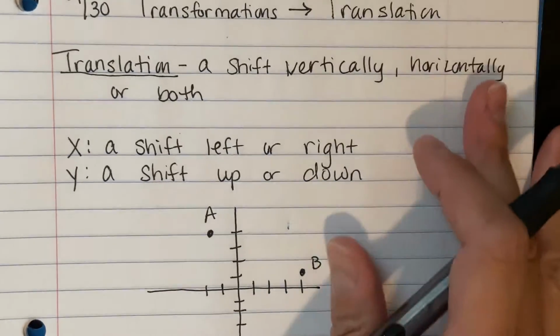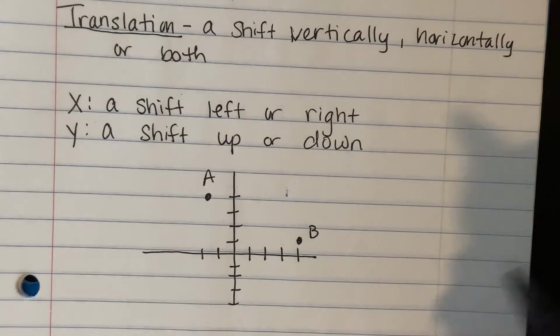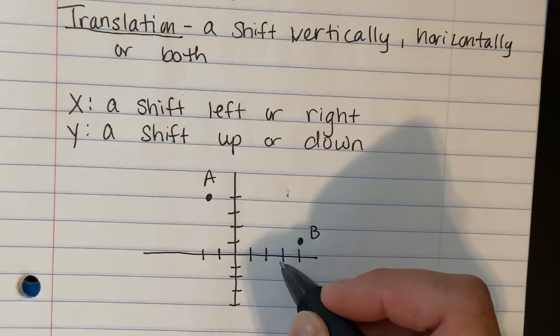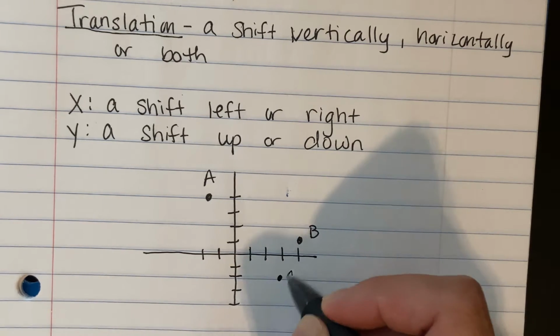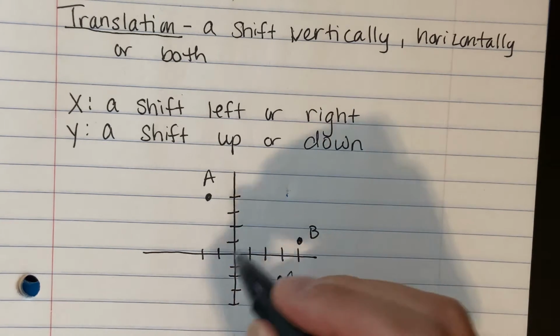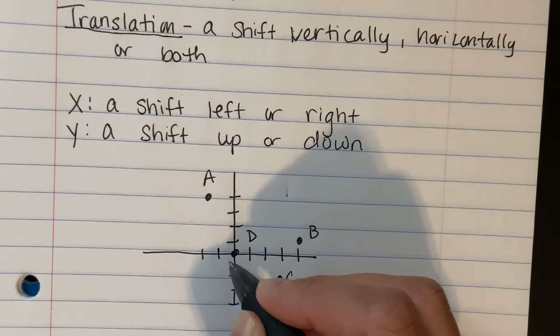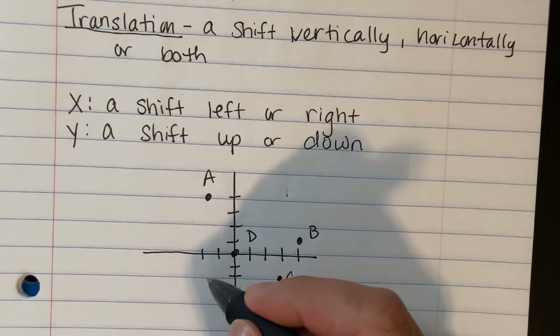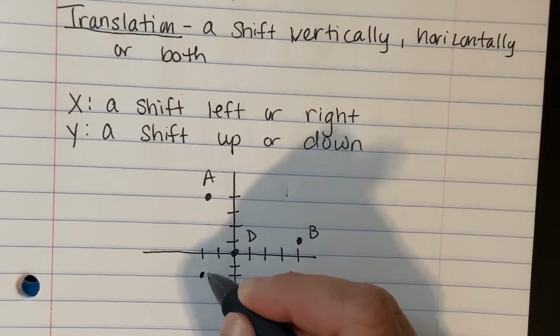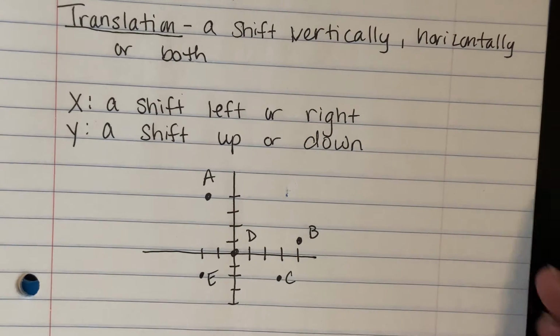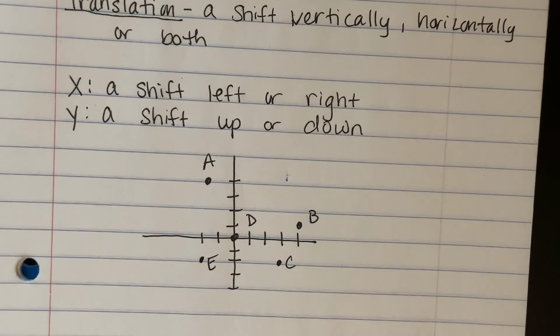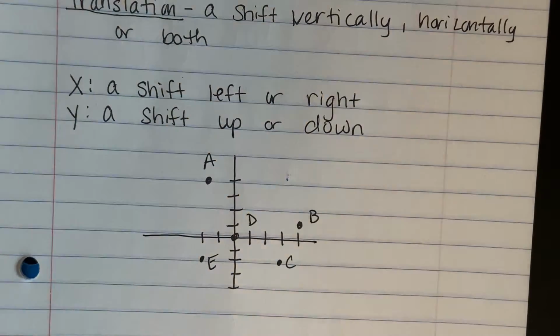I do that every time just to keep it the same. We'll do 3, -2 can be C. We'll call this D. And -2, -2 can be E. You're probably gonna have to pause it because I'm probably going too fast, but make sure you get that down, that your points are pretty accurate.